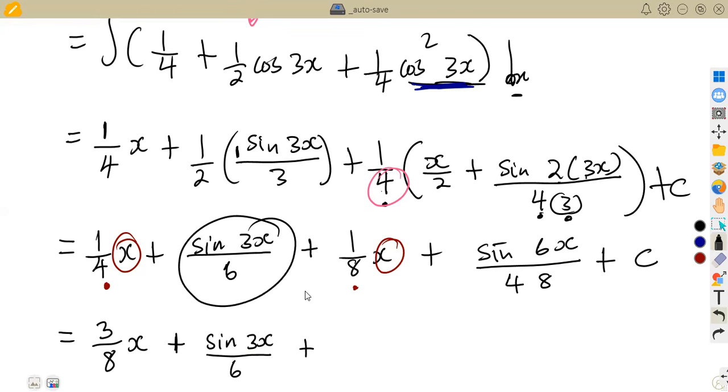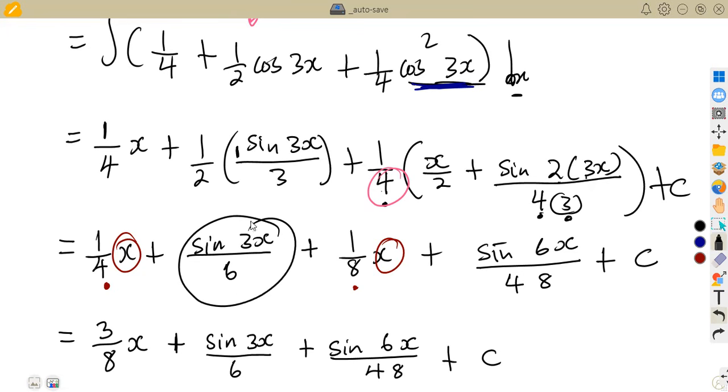So it is going to remain as it is, as sine 6x over 48 plus the constant of integration.